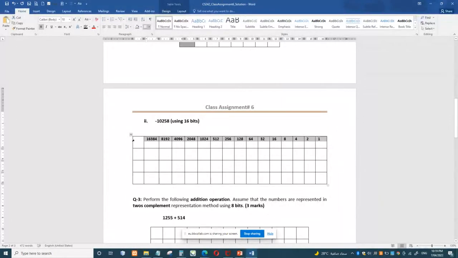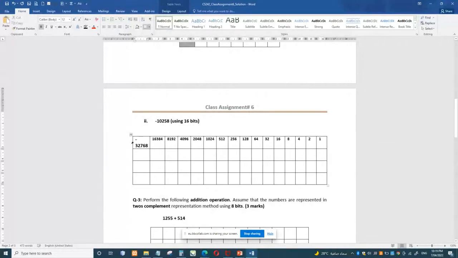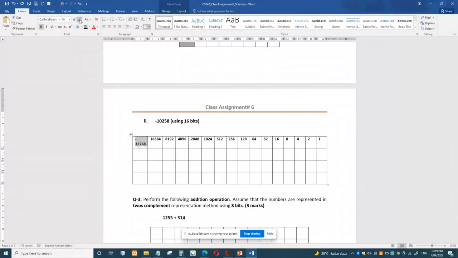Now this is a negative number, so the last one, in 2's complement representation, should be minus 32,768. So this last positional value is negative.